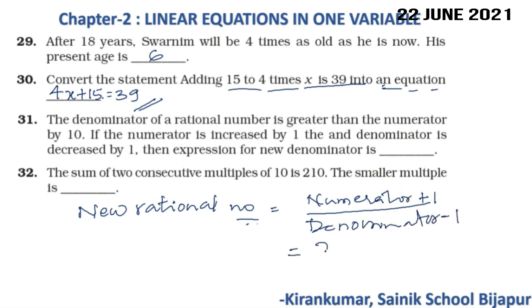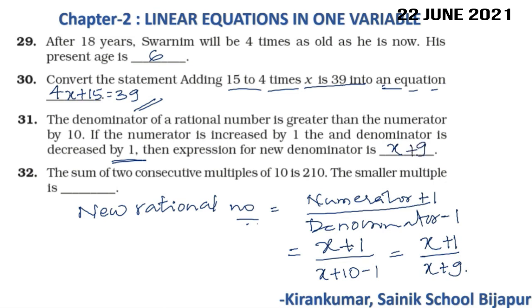If I consider the numerator to be x, it becomes x plus 1 and the denominator is x plus 10 minus 1, because the denominator of the rational number is greater than the numerator by 10 and then 1 is being decreased. Therefore, the numerator will be x plus 1 and the denominator will be x plus 9. So the denominator is x plus 9.